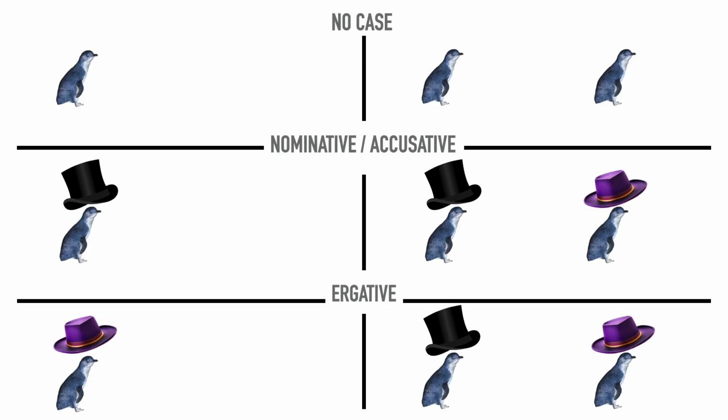With an ergative system, nouns wear one hat if they are doing something with no object, but they will wear another hat if they're doing something with an object. There will also be a hat which is worn by the nouns that are having something done to them. In some languages, there will be a hat for these last two situations, but the basic form without any suffixes will just be on the subject when it's doing something with no object.